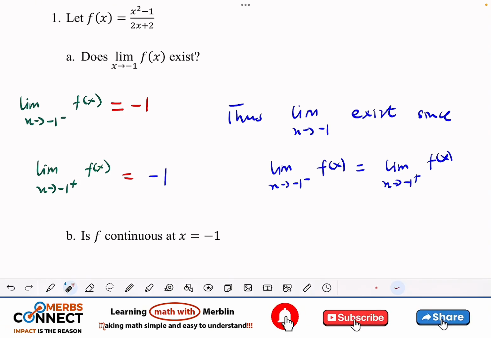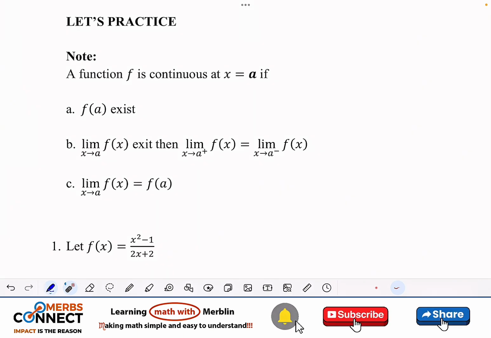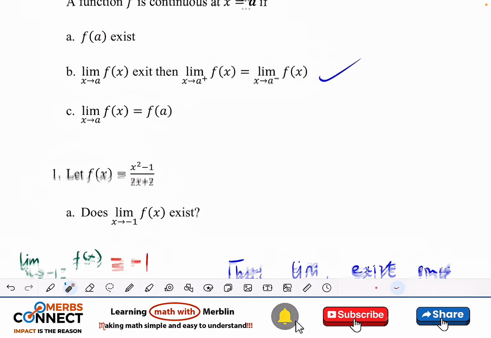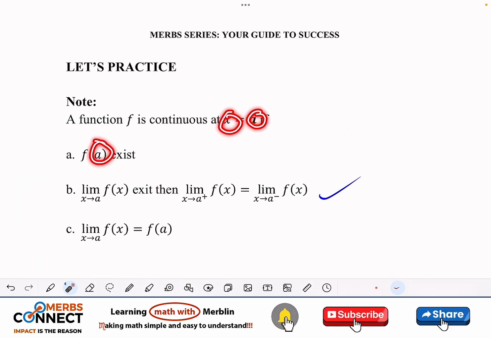Since we are talking about continuity, the question is asking, is f continuous at x equal to -1? Now for continuity, we can see that we've satisfied this. This exists and we are happy. But we need to also check if this one exists. This means plugging in x equal to a inside this.